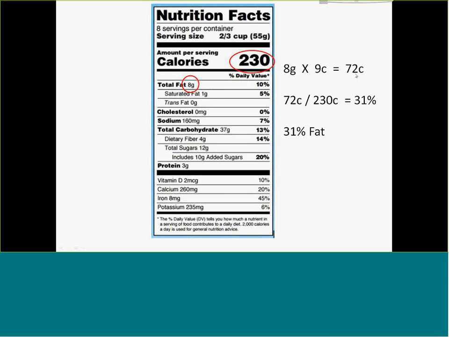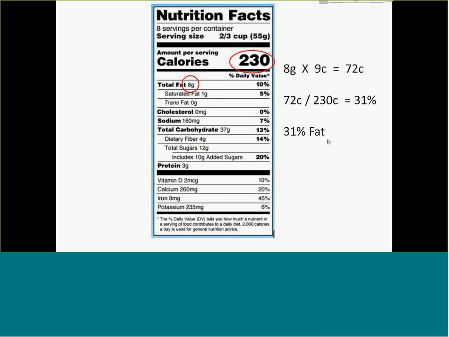So we take our 72 calories from fat, divide it into the 230 calories for the entire item, and it tells us that 31% of the calories from this product is going to come from fat sources. Remember what my goal is.